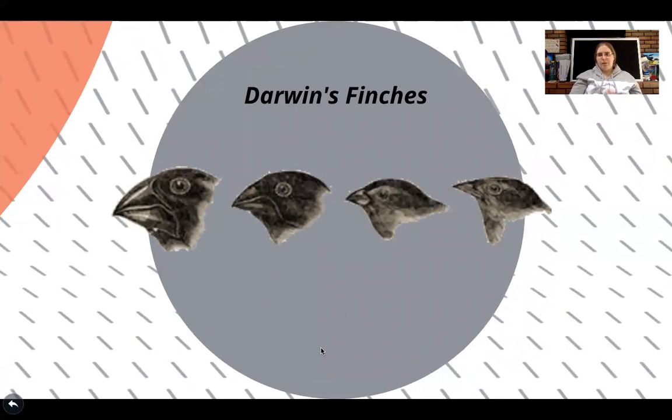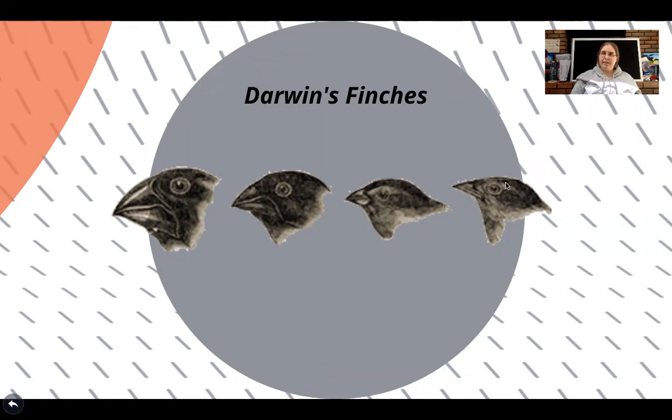And here are some of his sketches of the finches. Again, there were finches on all of the islands. However, he noticed some very distinct differences, particularly in their beaks. You might notice that this type of finch lived on one island, this one lived on another, this one on another, and this one on a separate island.